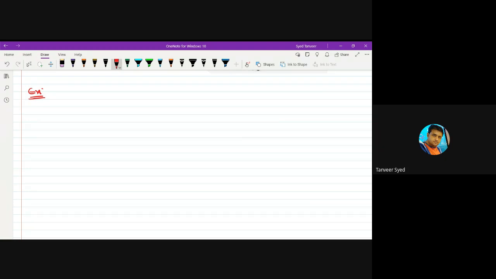You can never tell the formula of (a plus b) whole square wrong, right? In the same way, you should never be wrong with the formula for the parallelogram law. The resultant of two vectors, R, is equal to root of P square plus Q square plus 2PQ cos theta. P and Q are two vectors whose resultant is to be found out. Theta is the angle between those two vectors.